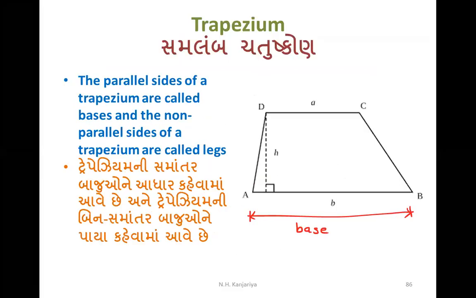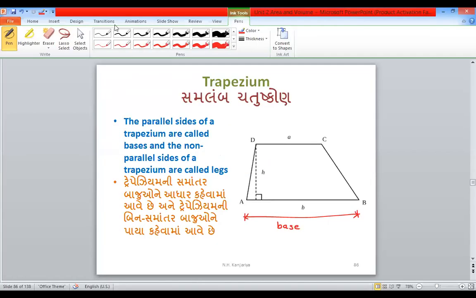Look here, when you have two sides that are parallel to each other, the parallel sides are known as the bases. Look here, AB is parallel to DC or CD. So both of these are the bases.